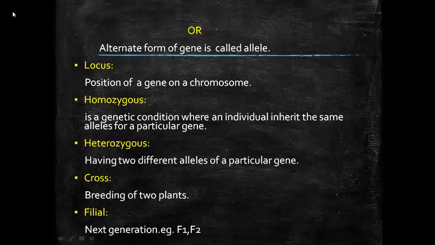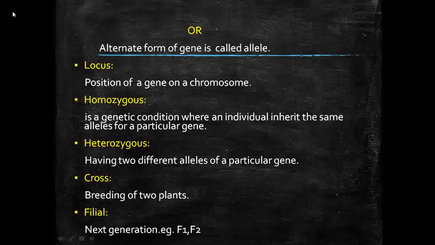Homozygous breeds true to the trait and produces only one type of gamete. Example of homozygous: parental tall with capital T and dwarf plant with small t.